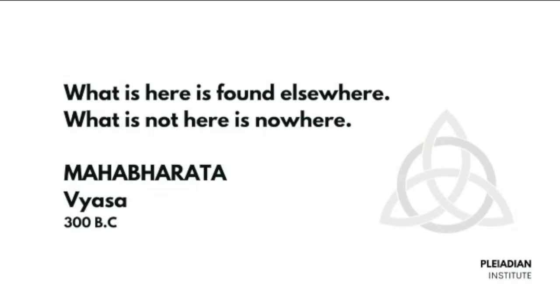What is not here is nowhere, reminding us that this invisible field, this field of light, if we are able to see it anywhere, when we find it within ourselves, we are able to find it outside of us. And when we cannot find it within ourselves, we're not able to find it outside of us.